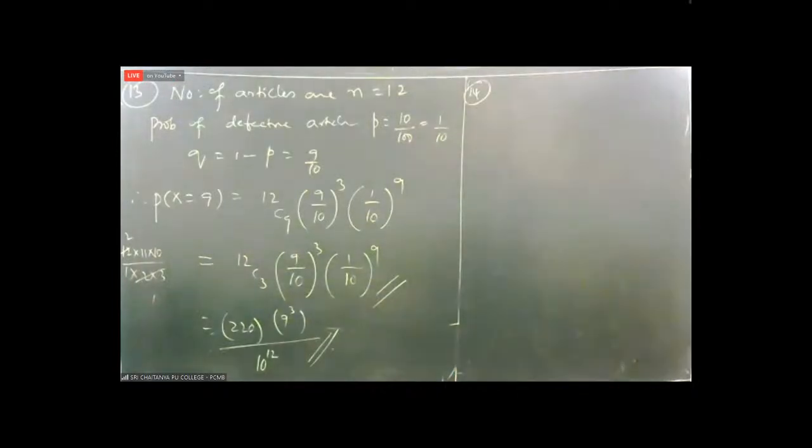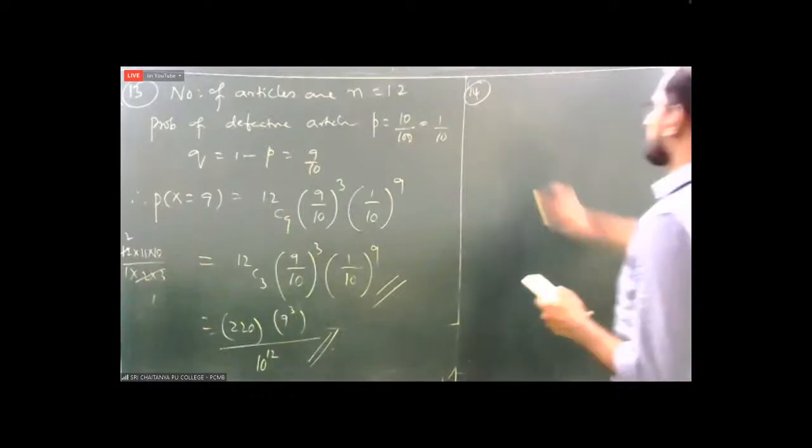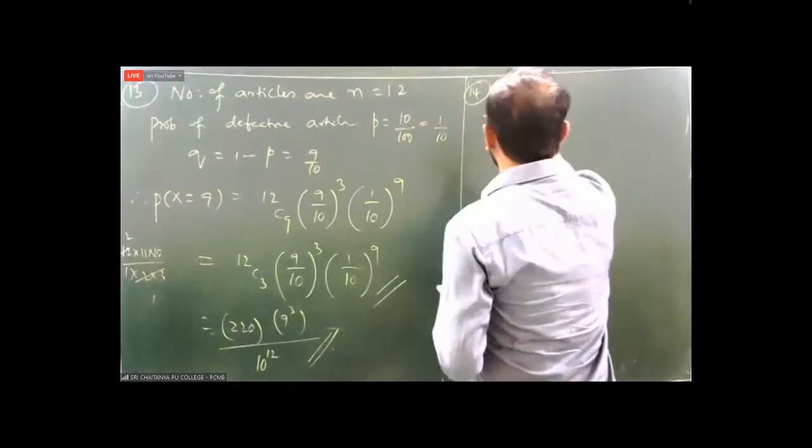In a box containing 100 bulbs, 10 are defective, which means he has given you the probability of defective bulbs. P is equal to 1 by 10, meaning 10 by 100 is equal to 1 by 10. The probability that out of a sample of 5 bulbs, that means n is equal to 5.